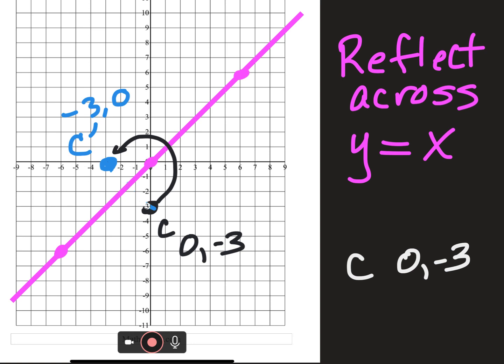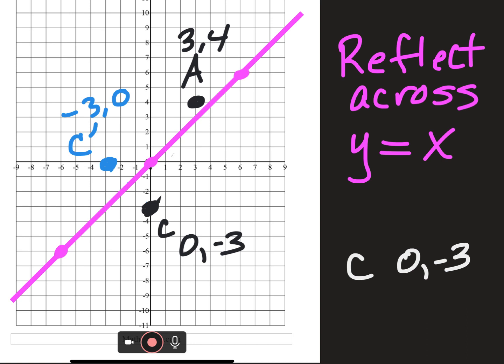So what was my other coordinate? A was 3, 4, right? Is that what it was? Yes. Thanks. So coordinate A, for example, the original was 3, 4. So what is A prime going to be after you flip it across that axis?